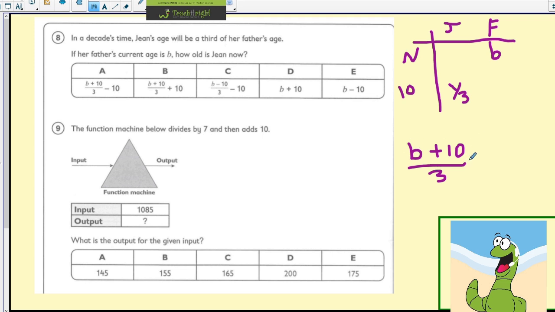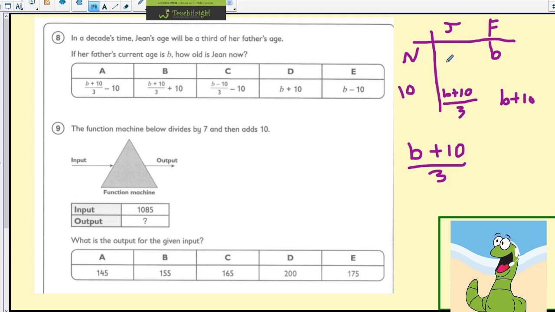So her dad's age is going to be B plus 10, and her age is B plus 10 over 3.